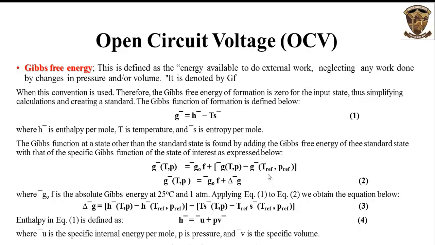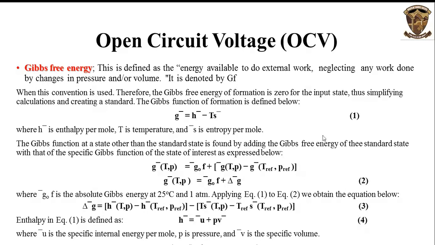So this, at any given temperature and pressure minus the reference temperature and pressure, the difference of that is equal to ΔG, where G°_f is the absolute Gibbs energy at 25 degrees Celsius and 1 atmosphere.